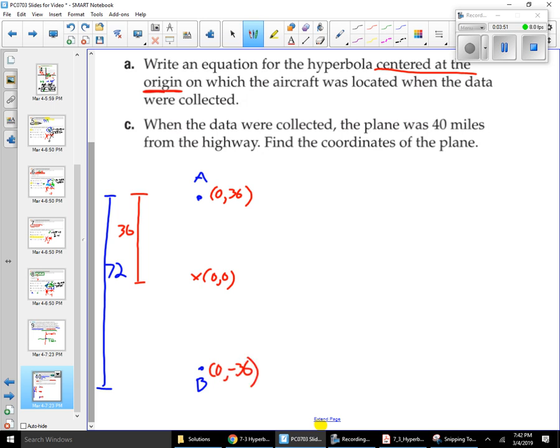But that still doesn't help us get our A and our B values just yet. We have our C value, and that's great, but we don't yet have A and B. So one thing to help us out is to reason through this and say, well, that airplane has an infinite number of places it could be, but one of those places is the vertex of this hyperbola. That plane definitely could be at that vertex, and that is very helpful, because that definition still applies.